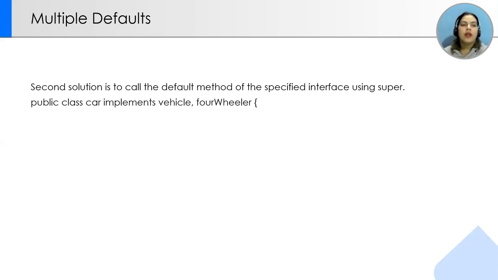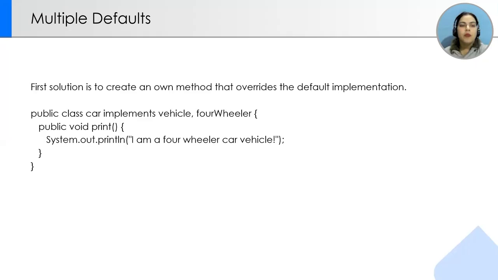Like we have a class car which is implementing the interfaces vehicle and four-wheeler, and we don't want to give the definition of the method in the class car. In the earlier example, we gave the definition, but now we want to use the already defined one. We don't want to give a new definition, because if we give a new definition, it will be overridden. The interfaces already have their own methods and every method has its own definition. We just want to use that definition.